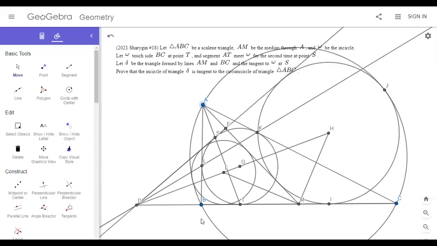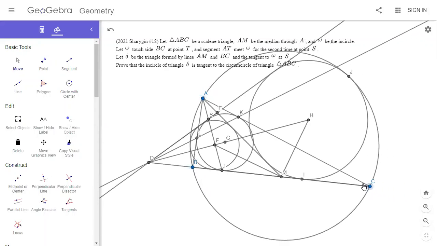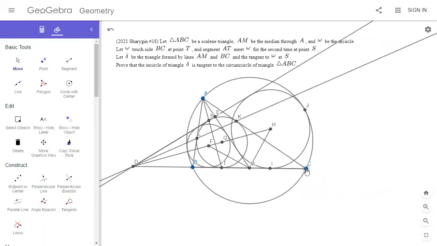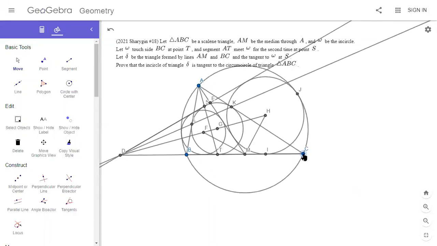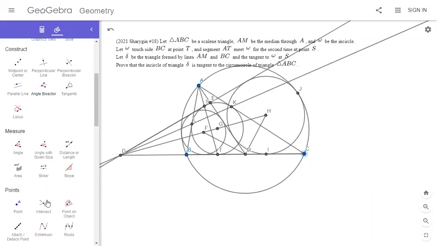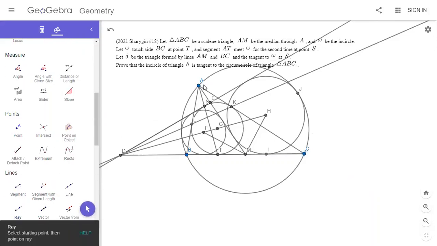Let me do that. So this is going to be a crowded diagram, but I will attempt to do that. So let's draw the excircle. Let me draw some rays.